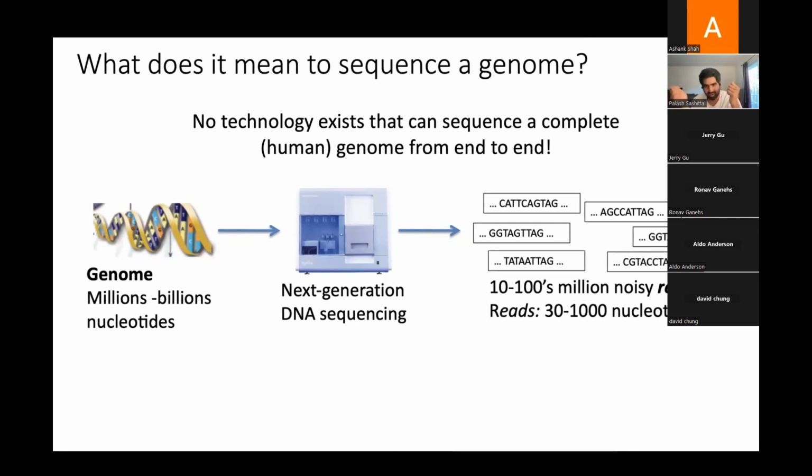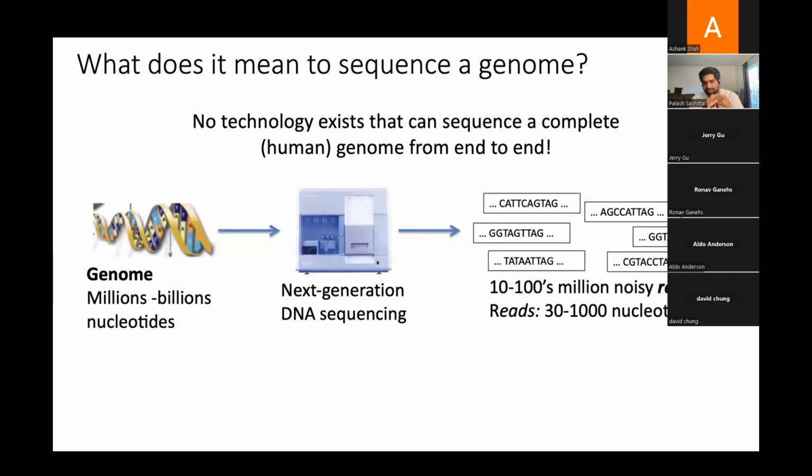And when we say that we are sequencing the genome, what we are really doing is that this human genome is cut up into very, very many tiny fragments. These fragments are much, much smaller than the entire genome. We are talking about fragments which are only 30 to 1,000 base pairs.